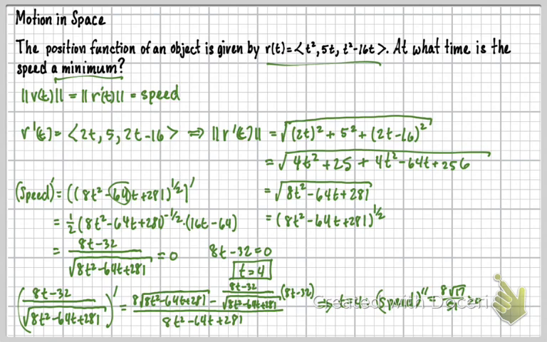Which tells me it's open upward, which tells me then that t equals 4 is going to be a minimum. So this implies t equals 4 is a minimum by second derivative test. There it is. Okay, so there's all the information I need for this problem.